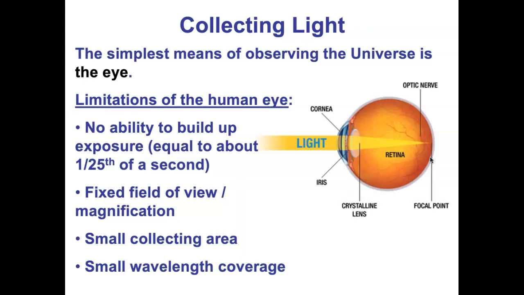Our eyes evolved to help us survive here on the land. They didn't evolve to help us do astronomy. Astronomy is a much more recent invention than eyes. So, what are the limitations of your unaided eye, and why do we invent telescopes to overcome those limitations?